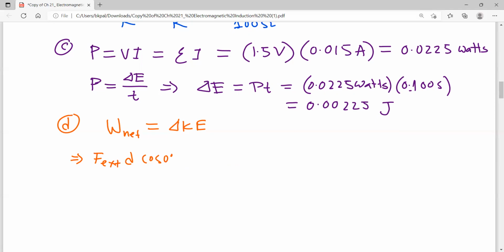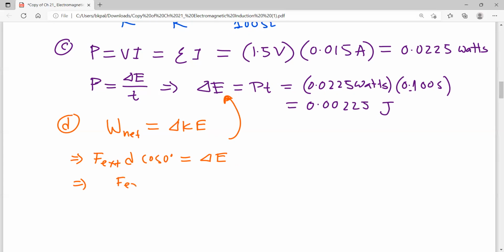This is different than the angle in the magnetic flux. And delta KE is basically delta E, what we calculated in the last problem. Now cosine 0 degree is 1.